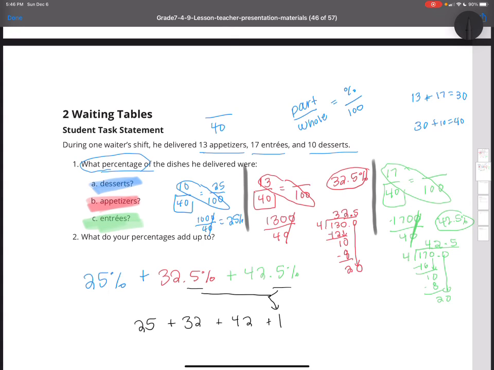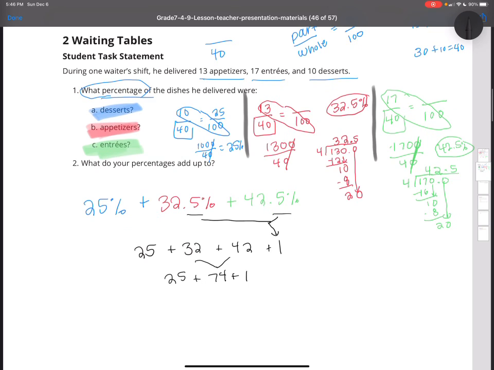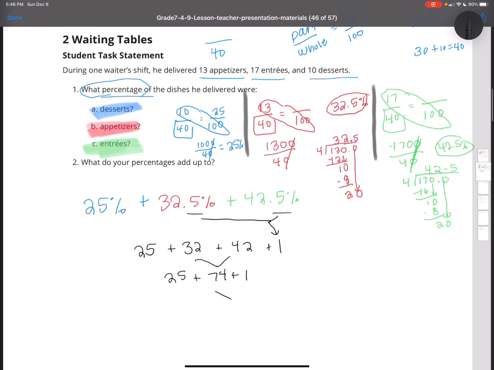So 32 plus 42 would equal 74, plus 1, plus 25. Now I have 75 plus 25. If we go back to our quarters and dollar analogy, 25 cents plus 75 cents will give me $1 whole.